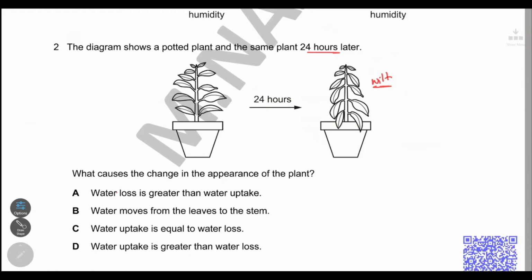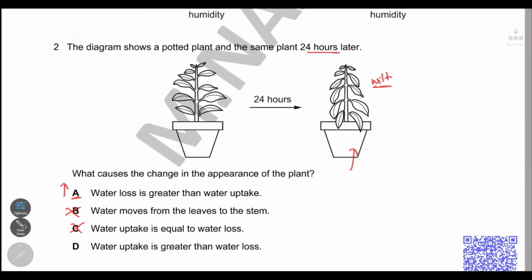A, the water loss is greater than the water uptake. Yes, it's correct. It's true. But let's listen for the rest of the options. Water moves from the leaf to the stem. No, it doesn't. Water uptake is equal to the water loss. Of course not, because if yes, the plant should not be withered, shouldn't wilt.